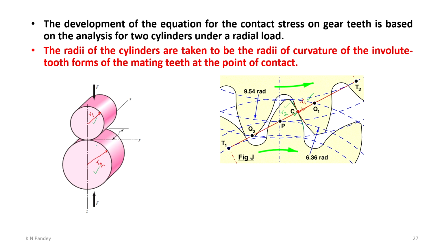So, the cylinders are replaced by the radii of curvature of the surfaces of the gear teeth under engagement at the point of contact C.